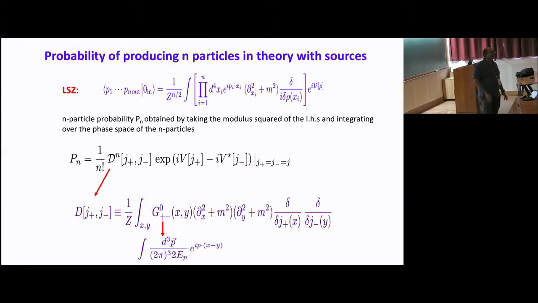So now you can say, okay, what is it that you were really talking about in that previous slide? What I mean is that if I want to compute a probability, what do I do? I have some vacuum state, and I have some state containing 1,000 particles. That's my final state.